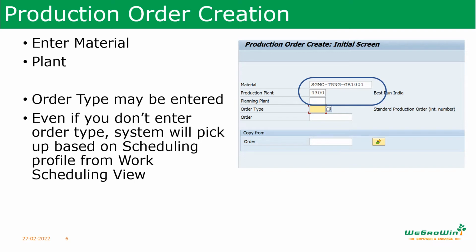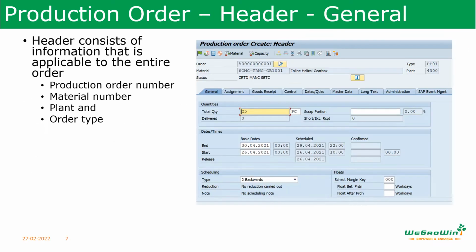Even if we don't enter the order type, system will pick the order type based on the scheduling profile we maintained in the material master or through the settings maintained for the material group or other plant settings as we discussed in the last session. That is part of the configuration. How to do the configuration we'll discuss later. So once we enter the details and ask the system to go to the next step, system takes us to the header page.